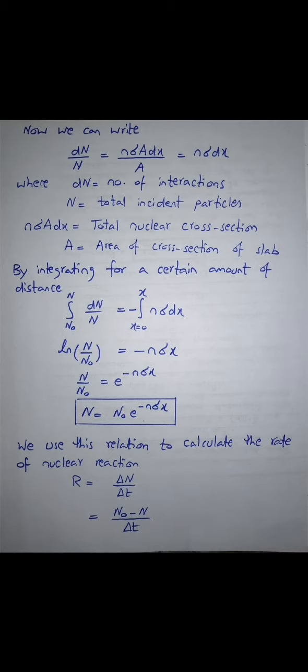We can also use the above relation to calculate the rate of nuclear reaction per unit volume. So we define the rate of nuclear reaction per unit volume by delta n divided by delta t, where delta n represents the change in number of particles, that is n naught minus n.